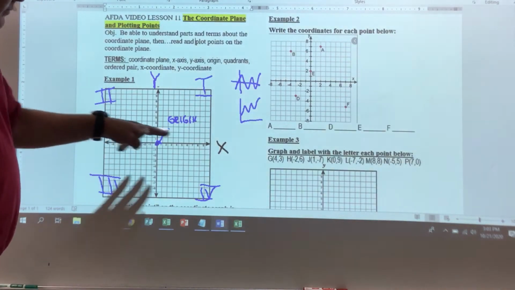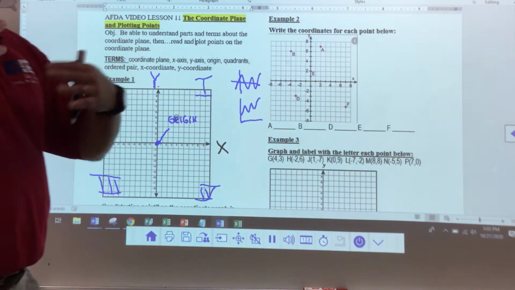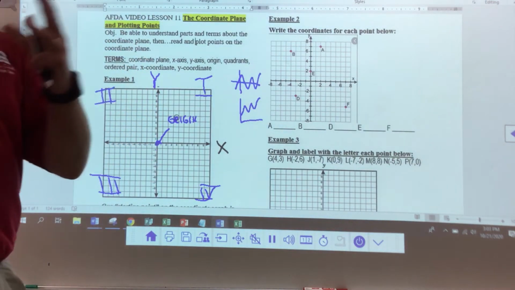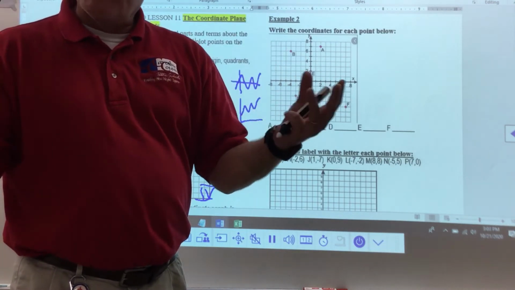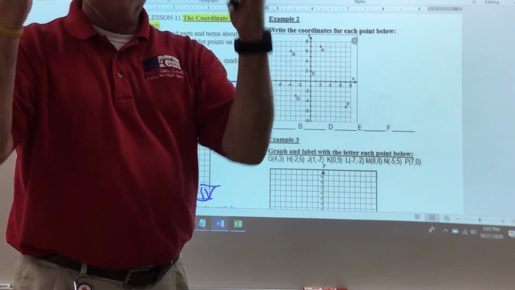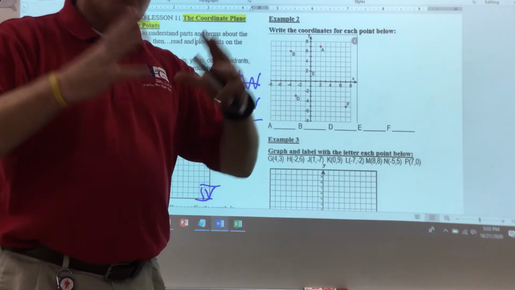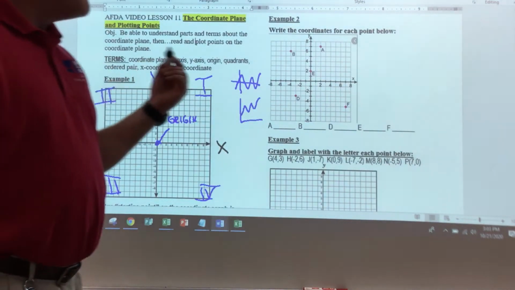Using these number lines and this origin is how we locate or identify points on this graph. It's basically a grid, and you know about grids even from history class, where they have a grid that goes around our globe that has longitude and latitude.